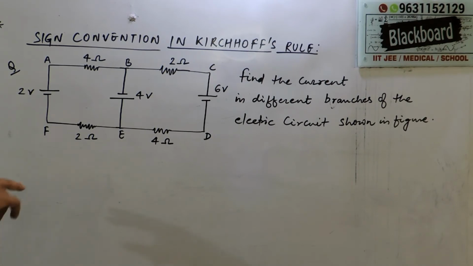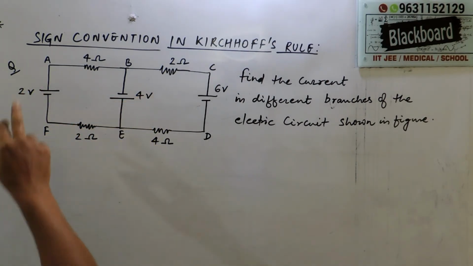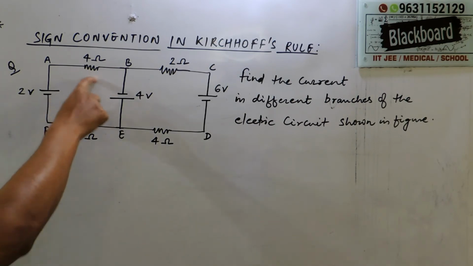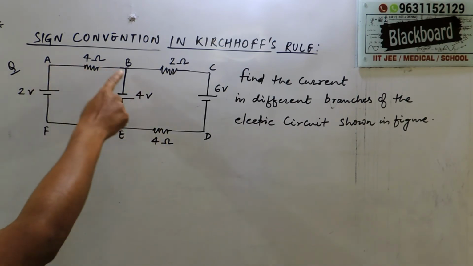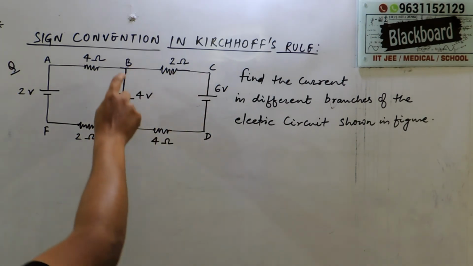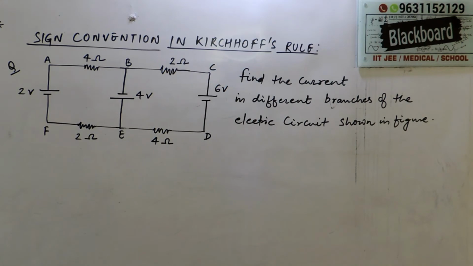In this question A, B, C, D, E, F, A is the circuit and here two loops are there. First one is A, B, E, F, A and second one is B, C, D, E, B. Second loop. So here we are going to apply first Kirchhoff's first law, that is the junction law.